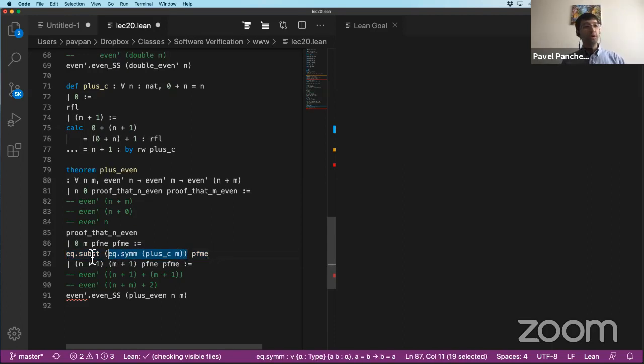So this is how we can use equalities. Specifically, we use substitution to use equalities in our proof of other things. So, questions about this, and then we'll do something similar with the other case of plus even that we're interested in.